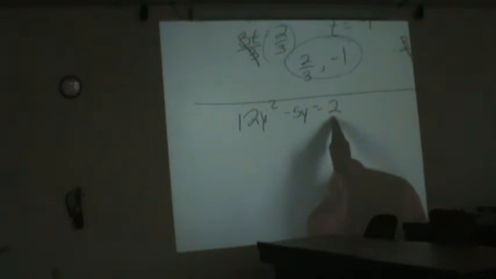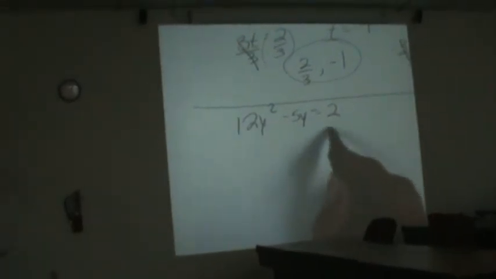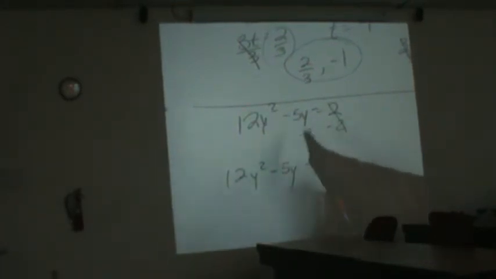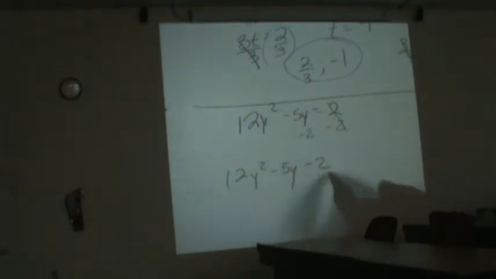What are you going to do to make that 0? We're going to subtract 2, right? Subtract 2 from both sides. So you have 12y squared minus 5y minus 2. None of that combines. They're all separate. They're not like terms, right?